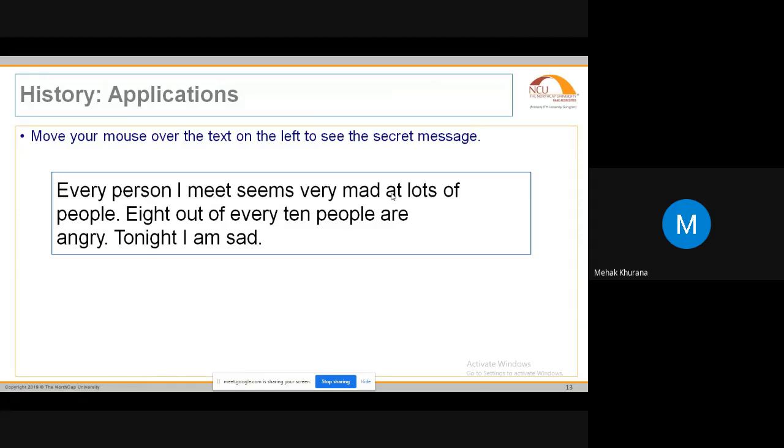So this is the message. This is the method that we used to send it in earlier times: "Every person I meet seems very mad at lots of people. Out of every 10 people, are angry. Today I am sad." This is the normal message that I'm sending to anybody, so nobody will be able to detect what the actual message is. Next slide, sir.